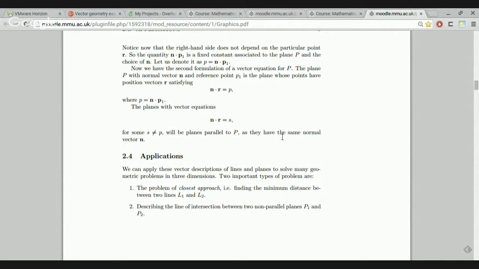Find the minimum distance from a point to a plane.